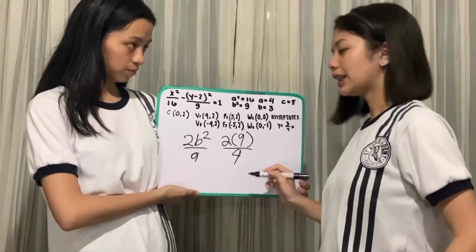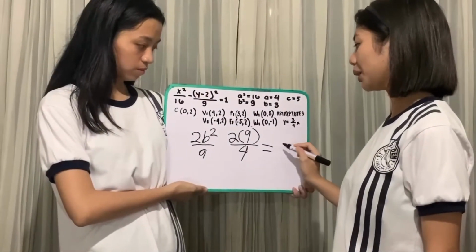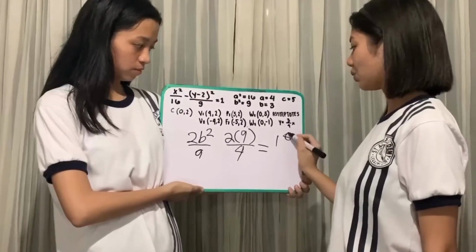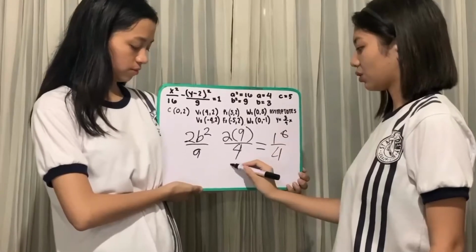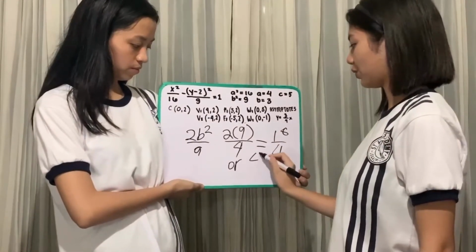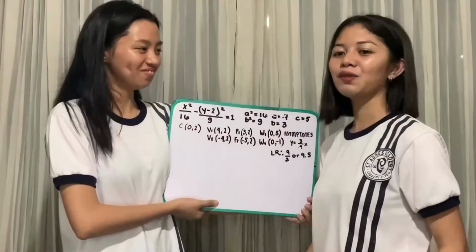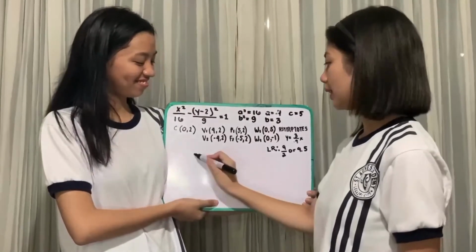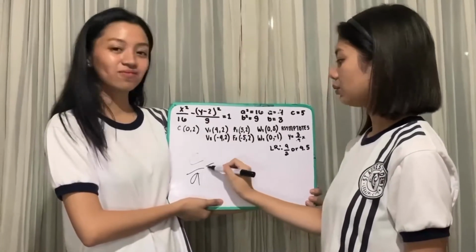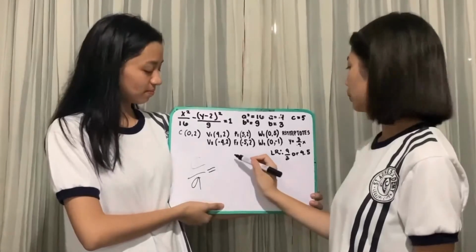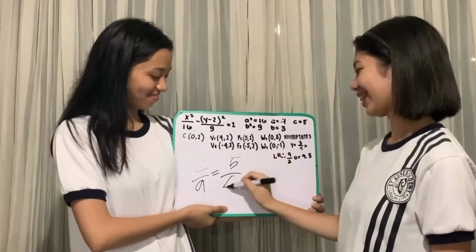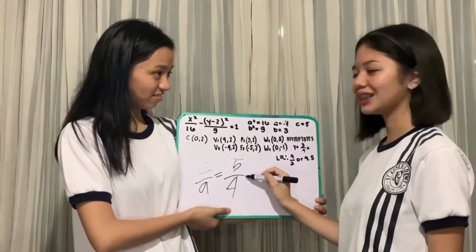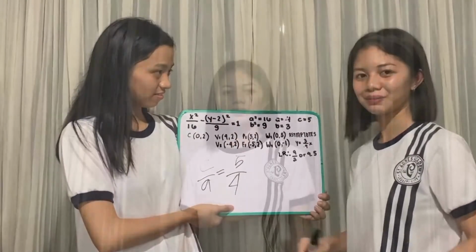So the answer is 18 over 4, simplified to 9/2. The formula to get the eccentricity is c over a. We will substitute c, which is 5, over a, which is 4. So the answer is 5/4.